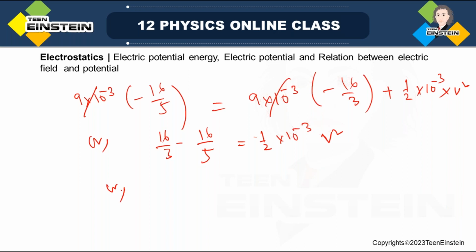If we do this calculation carefully, we will find v is equal to 6.2 meter per second. Okay, so this is the answer for this question: what is the velocity this third charge will attain when it reaches the origin?